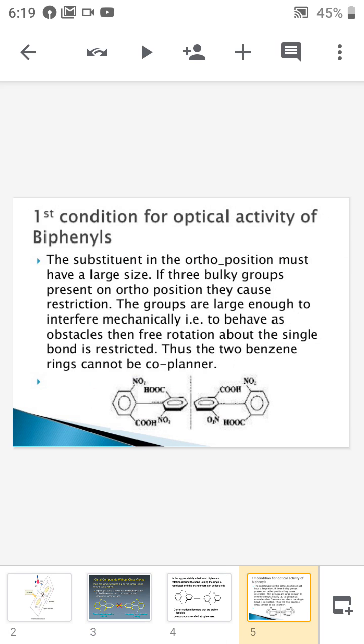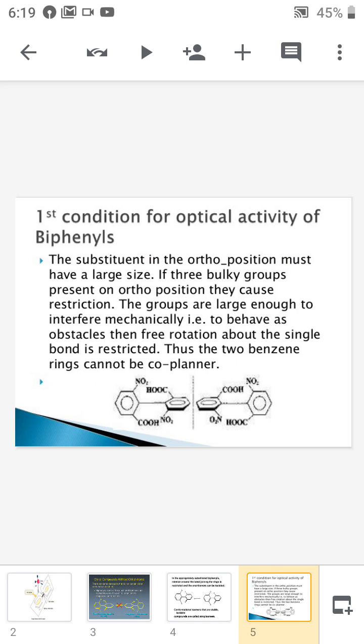If it is the same group in the ortho positions, we will have a plane of symmetry, so it is not optically active. So the first condition for optical activity in diphenyl is that both ortho positions of a single ring must be different.